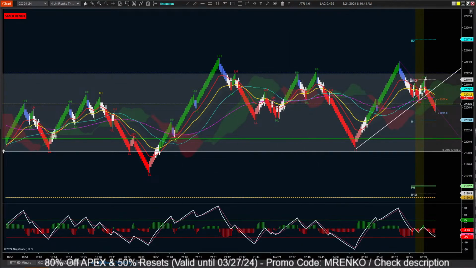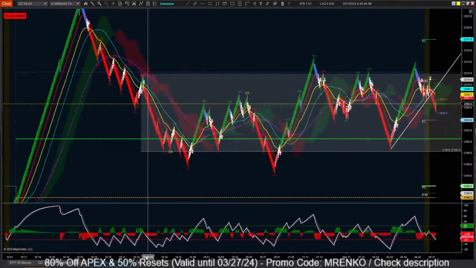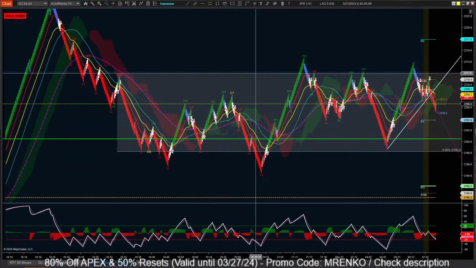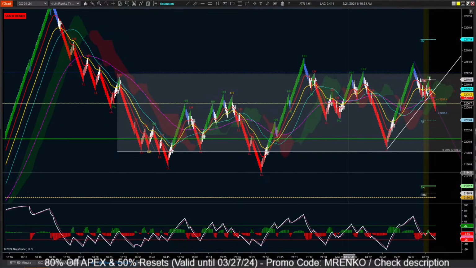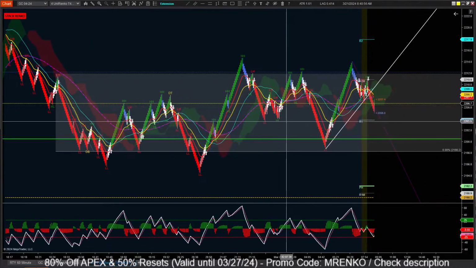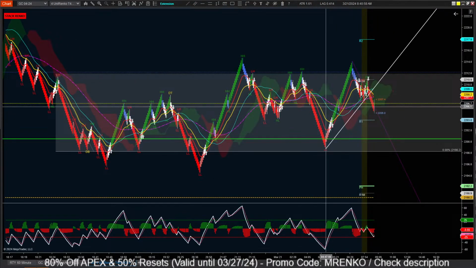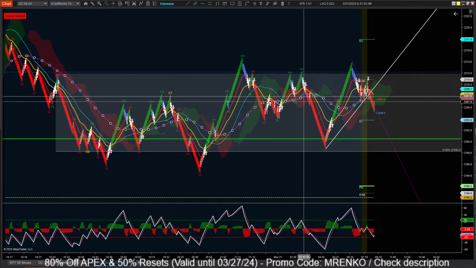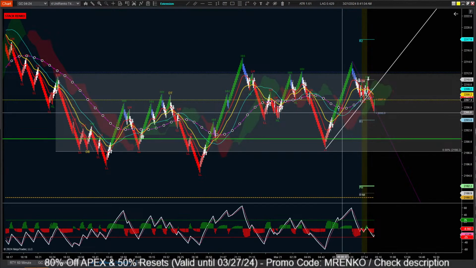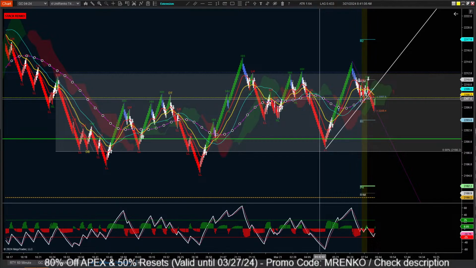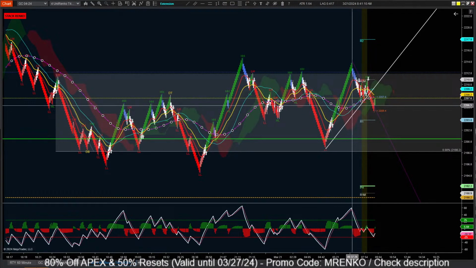This one is a big range in between 2212 and 2200. We are sideways, going back and forth from this moving average.